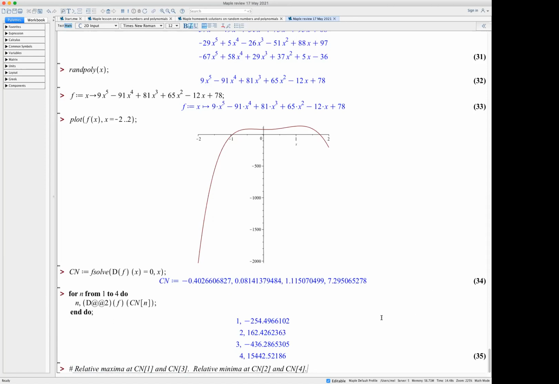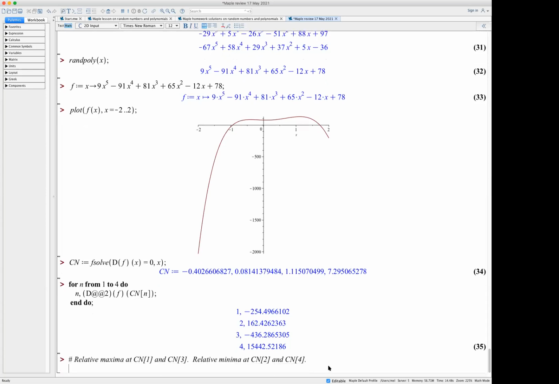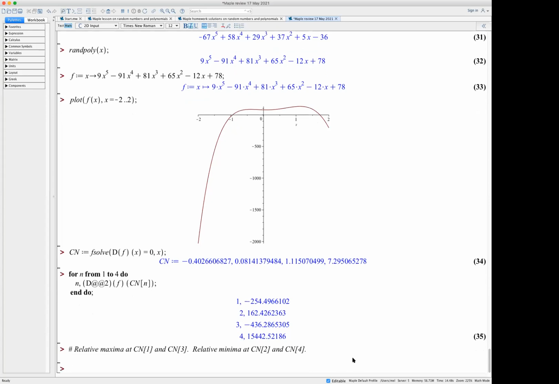What about inflection points? Well, to find the inflection points, you have to look and see where the second derivative is negative or 0 or positive.